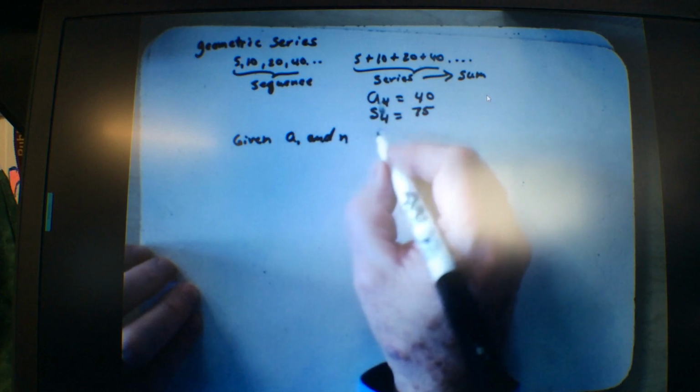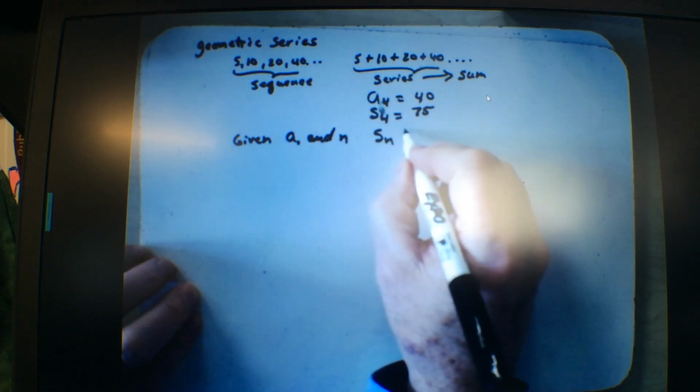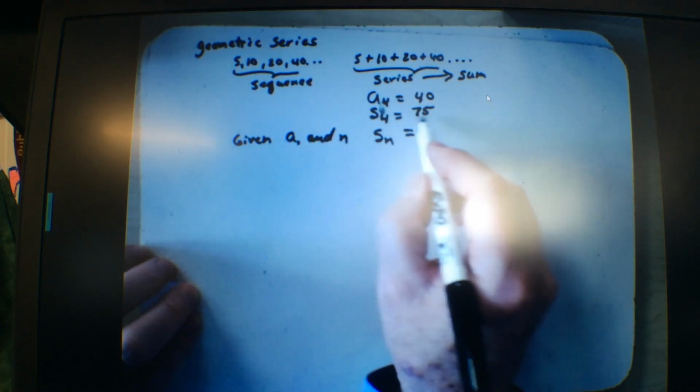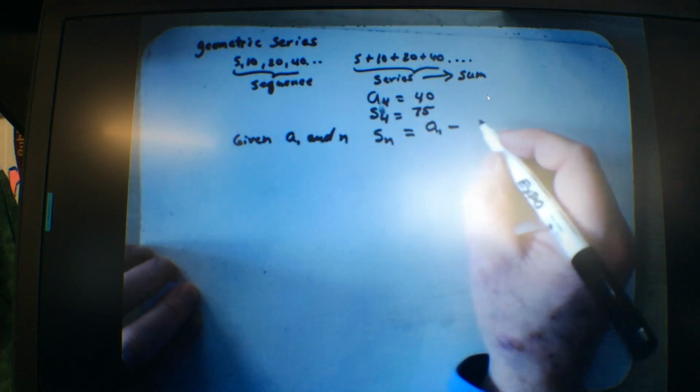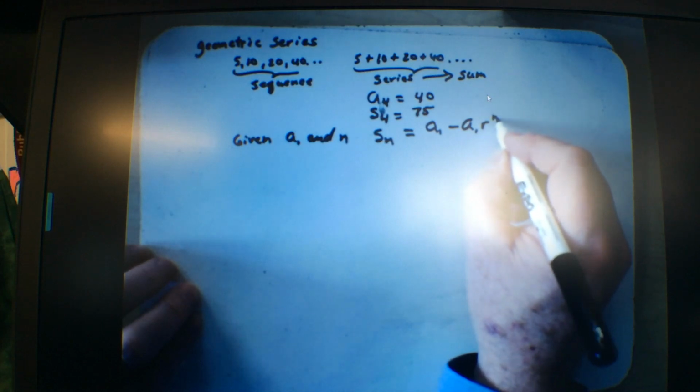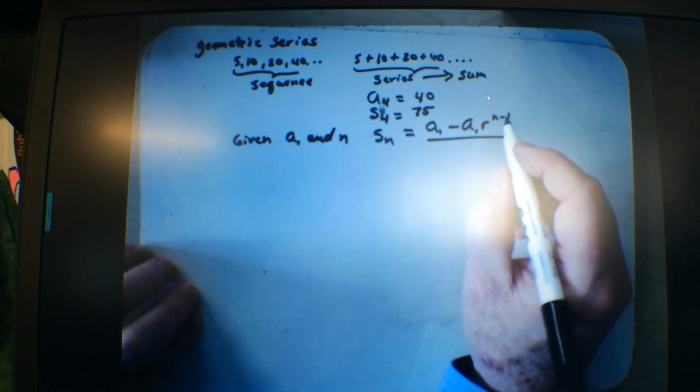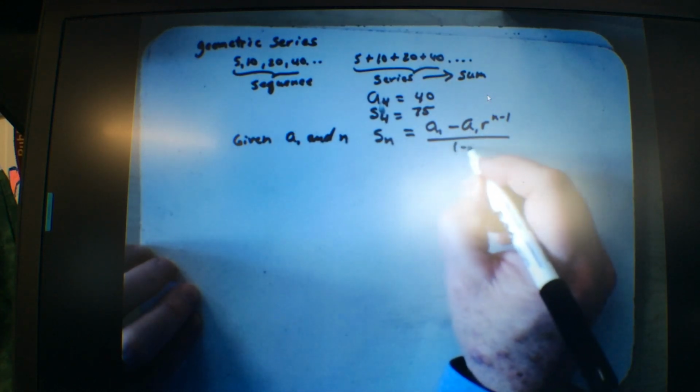Here's your formula: s sub n, the sum, equals a sub 1 minus a sub 1 r to the n, all over 1 minus r.